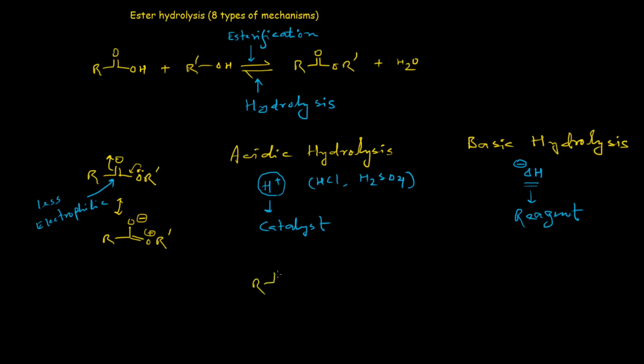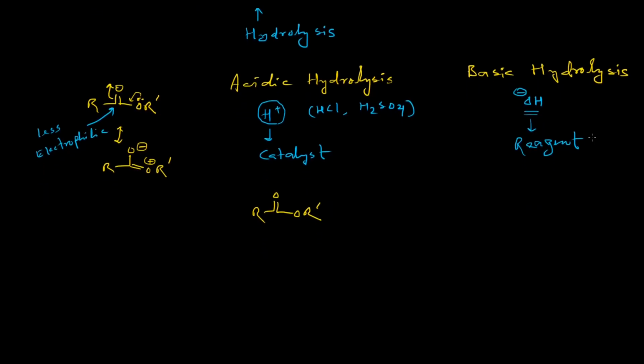As we can clearly guess, either of these two oxygens will be protonated by the H plus present in the reaction medium. If this sp2 hybridized oxygen atom is protonated, then we will get this particular positively charged species, which can be stabilized via this kind of conjugation.